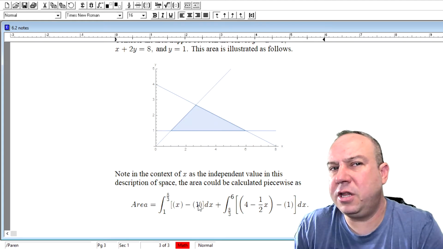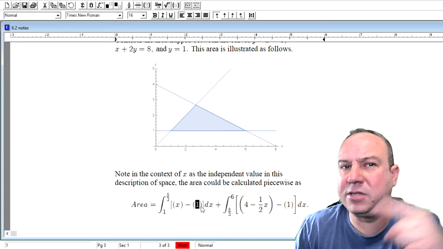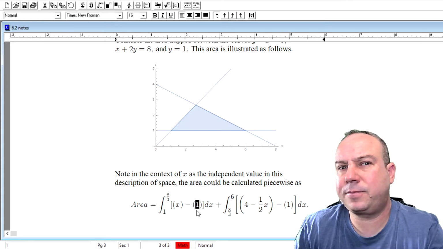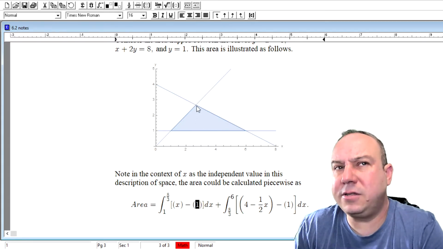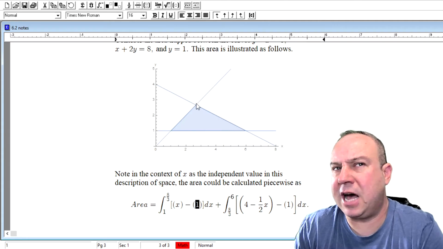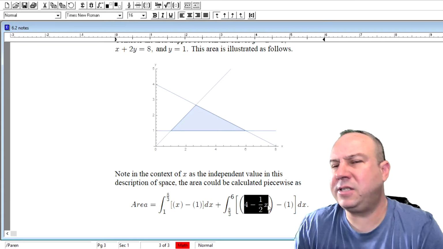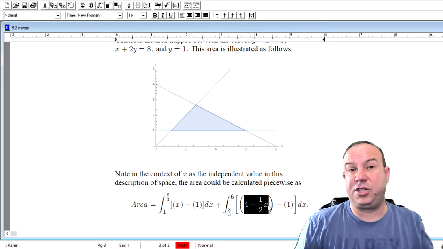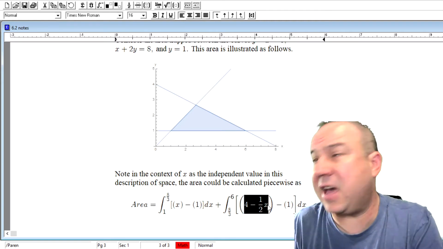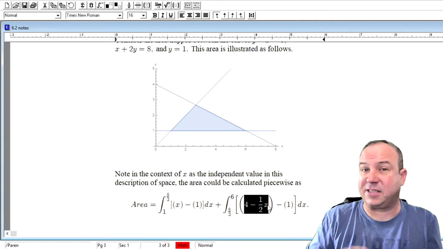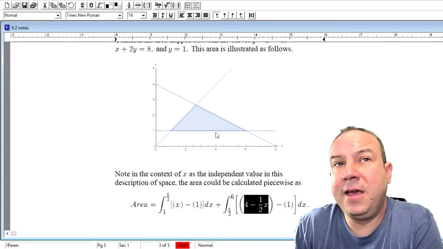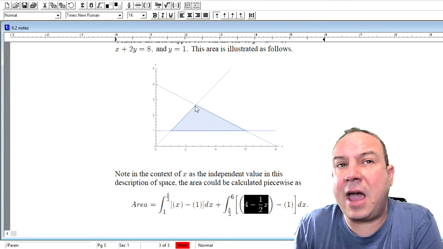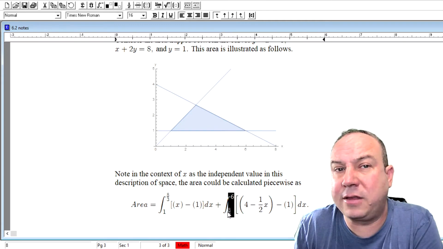The constant function 1 describes the lower bound. Now at 8/3, what does change? The upper bound changes on those lengths. The upper bound is now described by that functional relationship y equals 4 minus 1/2 x in the context of x being independent. And all these infinite lengths happen from 8/3 now down to the value of 6, so we integrate from 8/3 to 6.